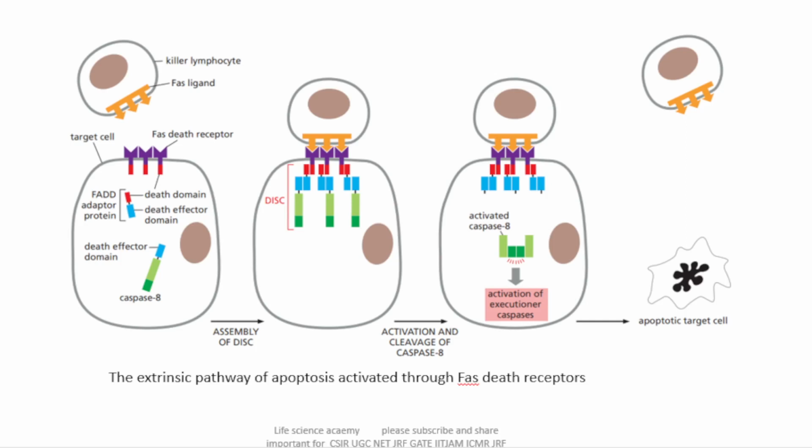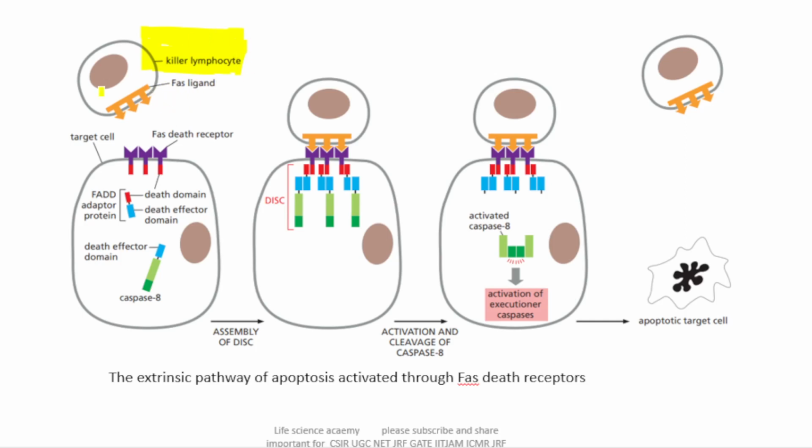In the extrinsic pathway, this is the killer lymphocyte. You also should know the cell types, immunity, what is adaptive immunity, what is innate immunity, and what are lymphocytes and the lymphatic system. That will help you understand the mechanism of that particular cell in the apoptosis pathway.